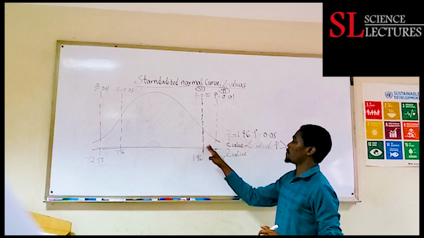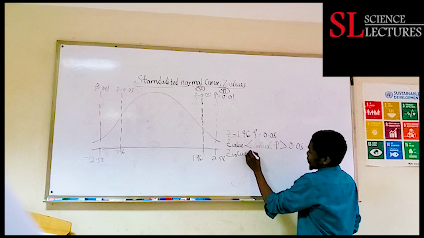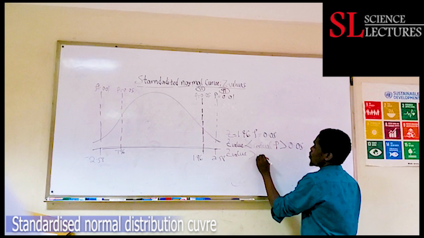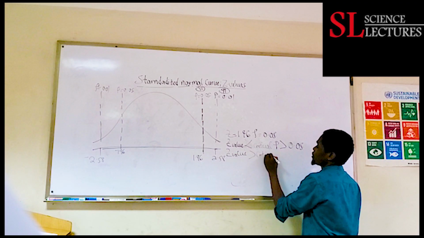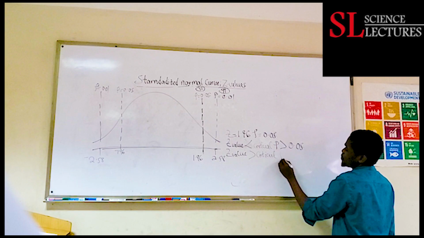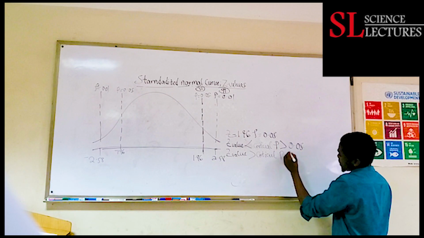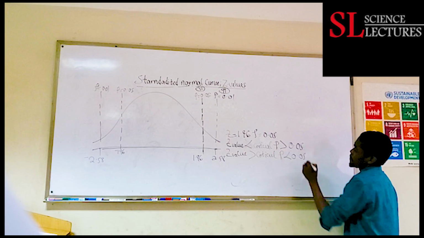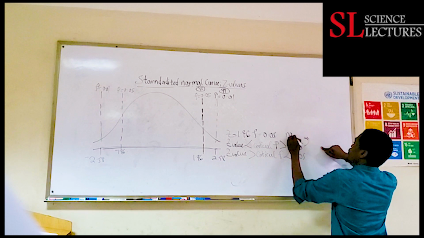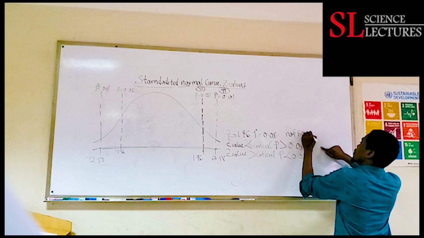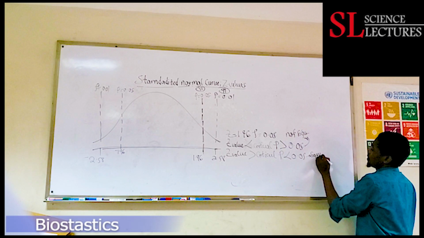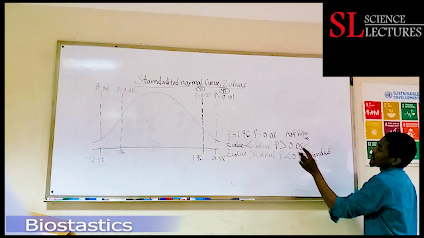If the z value we've calculated is greater than the critical, or greater than 1.96, we say that P is less than 0.05. So here we'll say this is statistically non-significant, and here we'll say that this is statistically significant. That is at 95%.